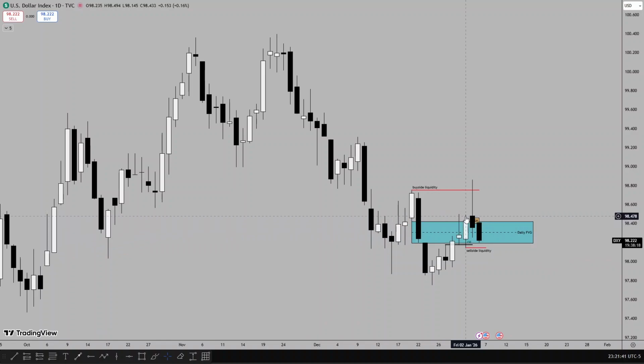For those that have gone through the CRT video, you can see this is a sign of a retracement to discount liquidity, saying that price took out a higher time frame liquidity, which is the daily buy side liquidity, retracing back to close inside the previous candle's range.